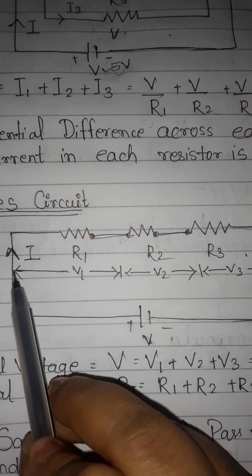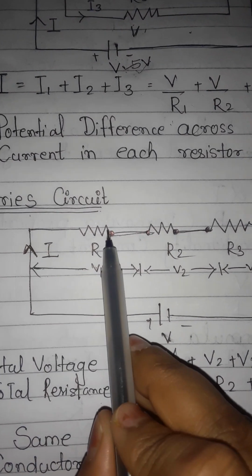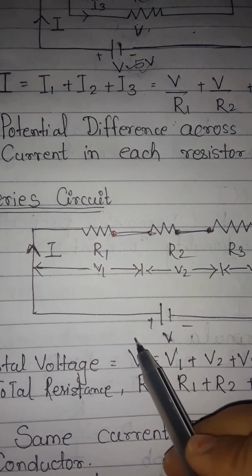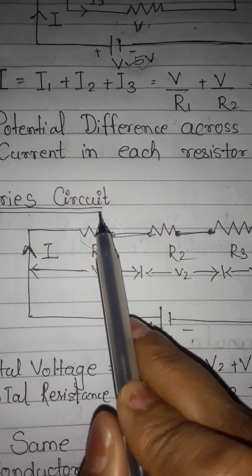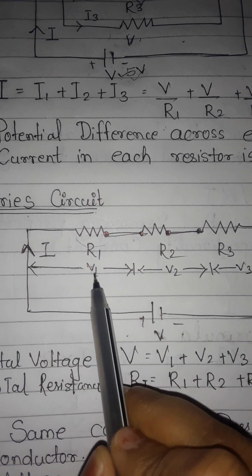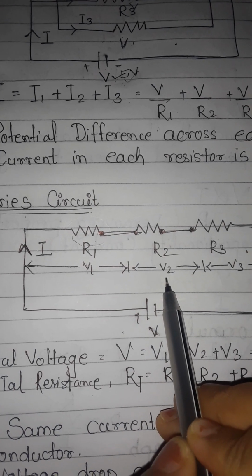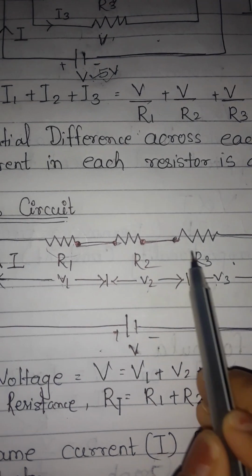Now in the series circuit, the voltage across each resistance is different. The voltage drop we will get is V1 equals I into R1, V2 equals I into R2, and V3 equals I into R3.